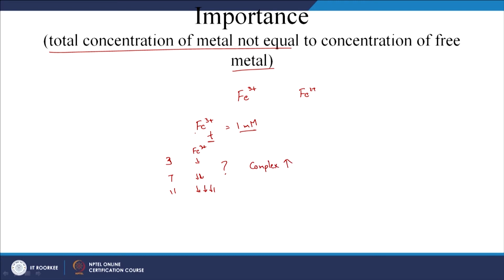For example, to simplify that, Fe3 total is equal to the free metal Fe3 plus all the complexes. So obviously for Fe3 plus we saw that in general the concentration of the complexes is much higher, and the concentration of the actual free metal is relatively lower, but the total metal concentration is going to be constant.